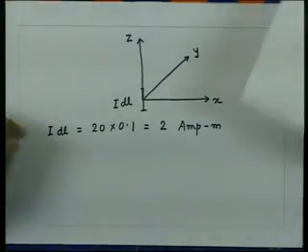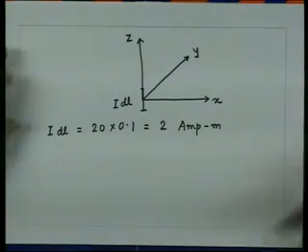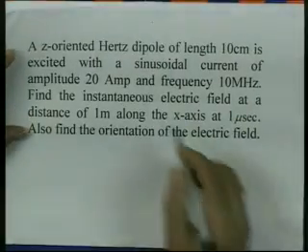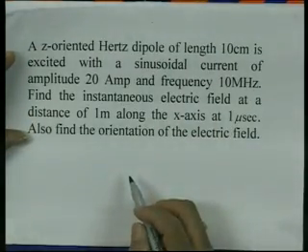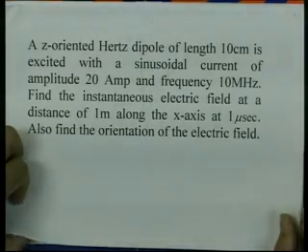So that is the current moment for this dipole, and then for calculation of the electric field we require the quantity beta. So first we have to calculate the angular frequency omega, then the radiation is going in free space, so the velocity is equal to the velocity of light.